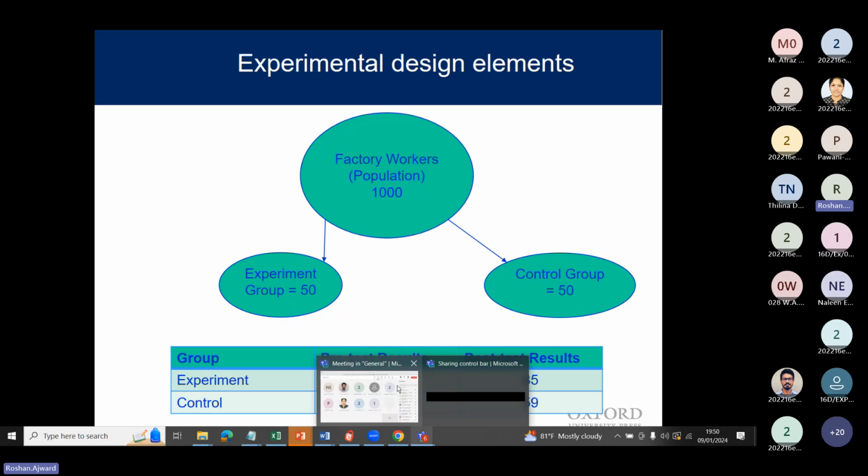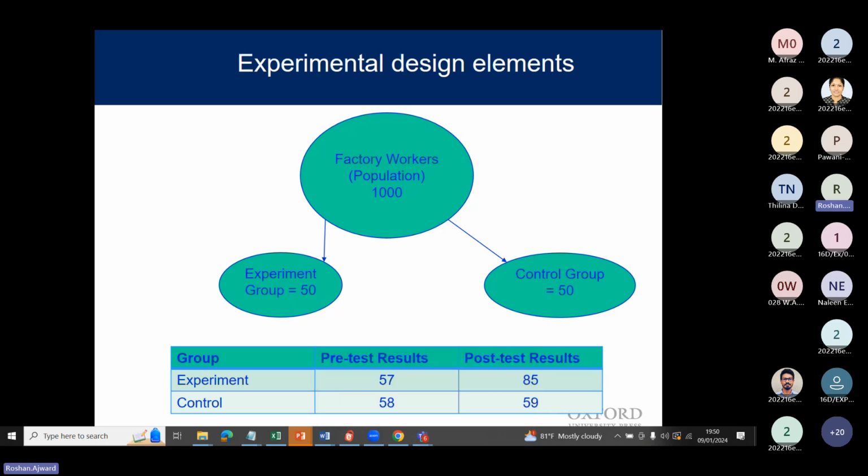The experimental group got 57 on average. The control group got 58 on average. What do you see? Almost the same, right? The experimental group was not given training and they got 57, and the control group was not given any training either, so they got 58.